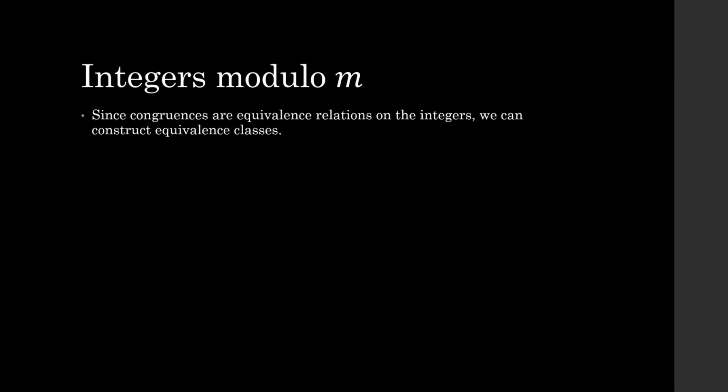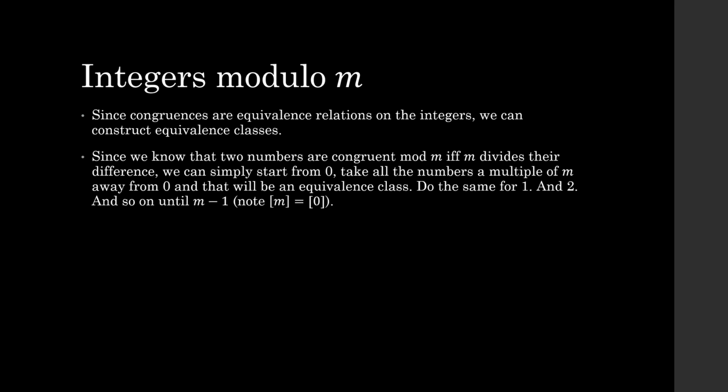So, the integers modulo m. Since congruences are equivalence relations on the integers, we can construct equivalence classes. Since we know that two numbers are congruent mod m if and only if m divides their difference, we can simply start from 0 and take all the numbers that are a multiple of m away from 0, because then when we subtract them, we're going to have a multiple of m, which means that m divides that difference.